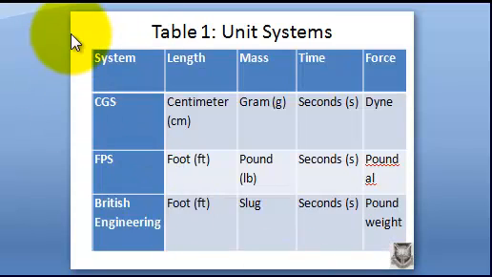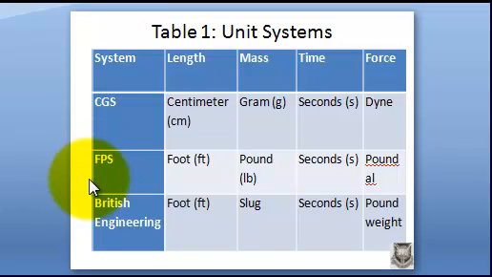Table 1 expresses the 4 fundamental dimensions in food process engineering with their units under the different 5 unit systems. Row 1 expresses the units for the 4 fundamental dimensions for CGS, while row 2 expresses same for FPS.